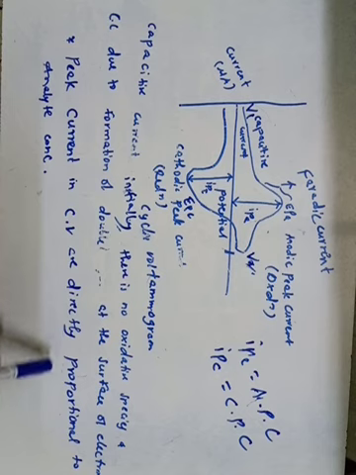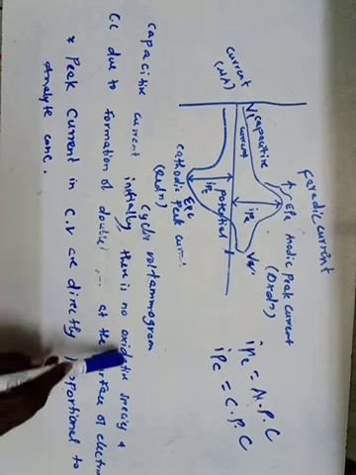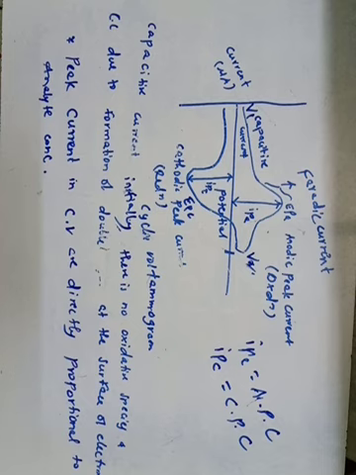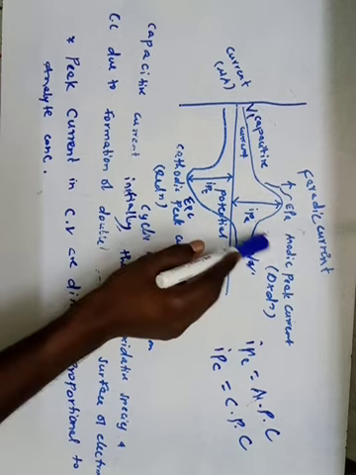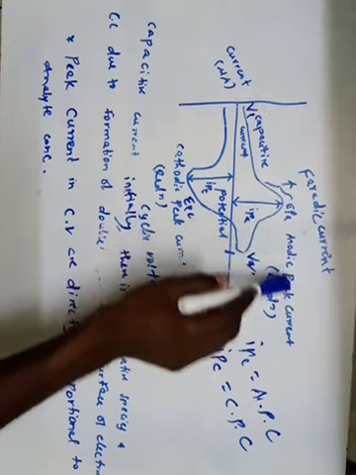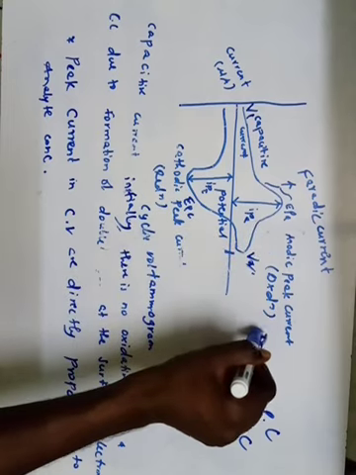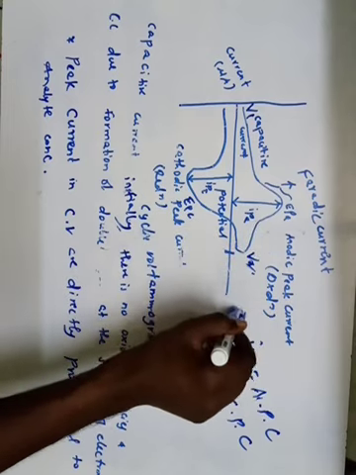In polarography, we measure only cathodic current, but in voltammetry we measure cathodic current as well as anodic current. That is the basic difference between polarography and voltammetry.